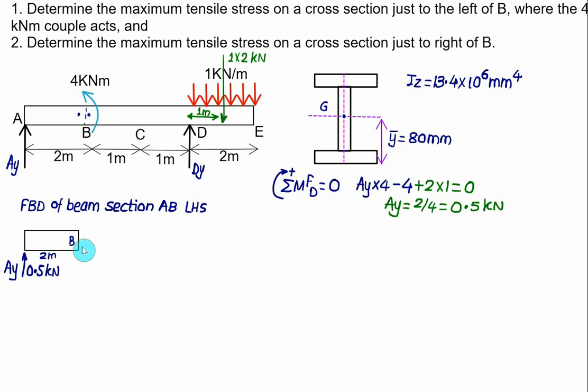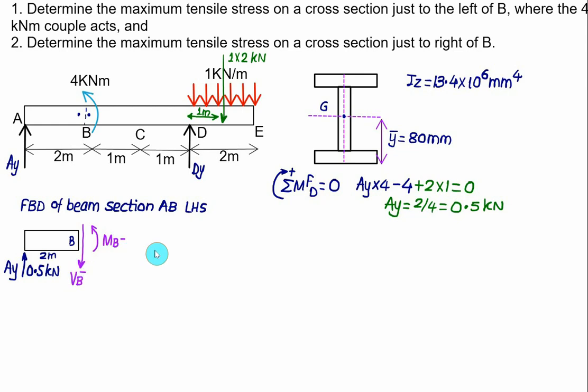Here we'll show one shear force acting downward. I will represent this value of shear force as VB minus, minus meaning on the left-hand side. We'll assume one reaction, MB, and I will also write this as MB minus, meaning we are on the left-hand side of B. Using the equilibrium equation we can find the value of MB.